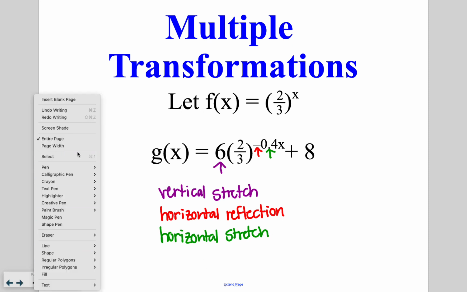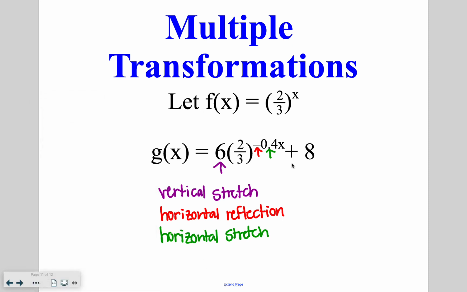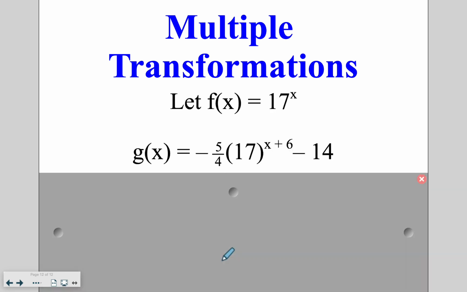And then the last piece is we have a plus 8 at the end, and that is going to indicate to me that I have moved my graph up 8 units. So again, multiple transformations going on in this function. Go ahead and try this one on your own.